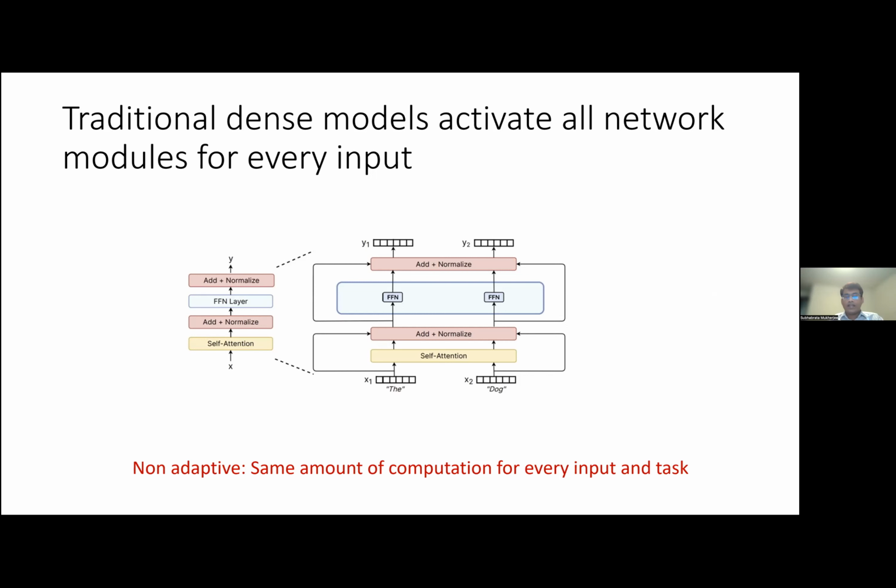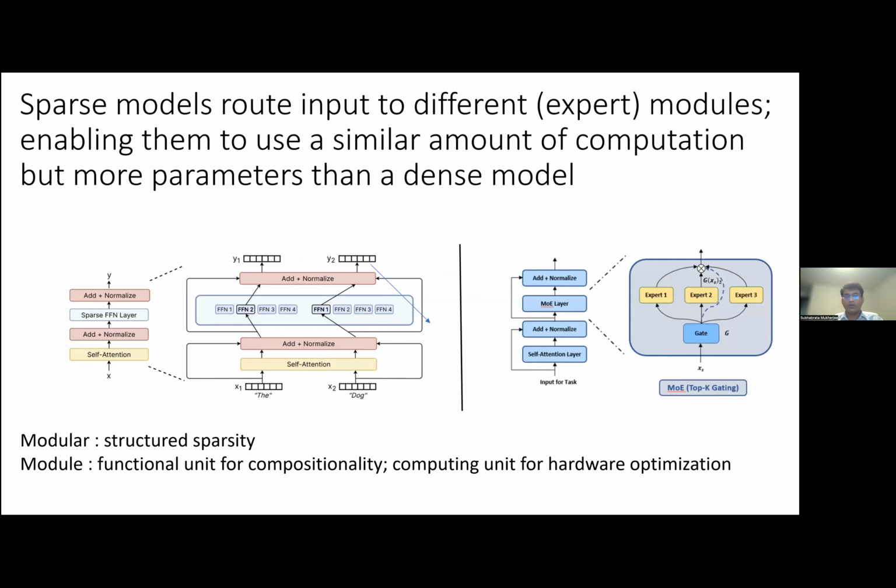We think that adaptivity is one of the important components that we should be designing in neural networks. As opposed to the traditional dense models, we also have the existing sparse models. I would explain how sparse models work, but to give a very high level overview, in sparse models we route input tokens to different modules in the neural network.